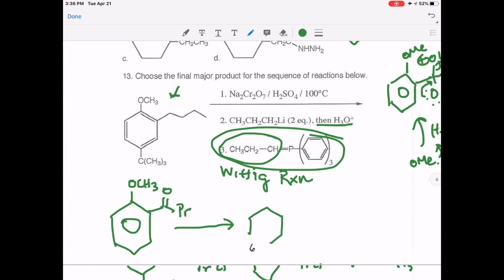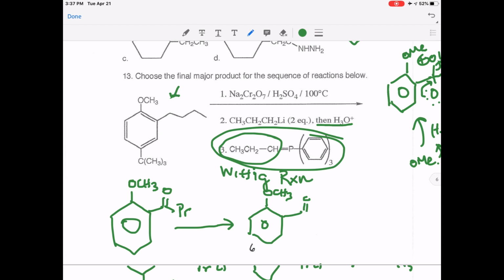So when we do that, we actually have a mixture of compounds, but there is a major product for the Wittig reaction.